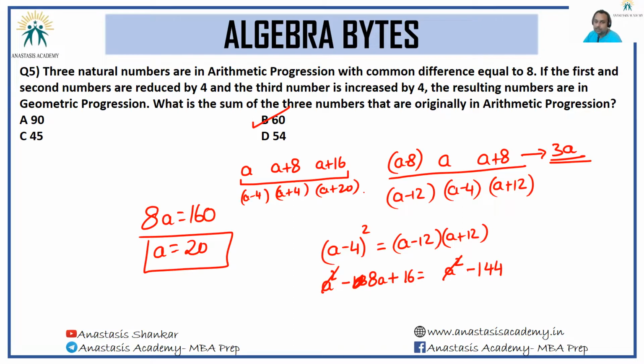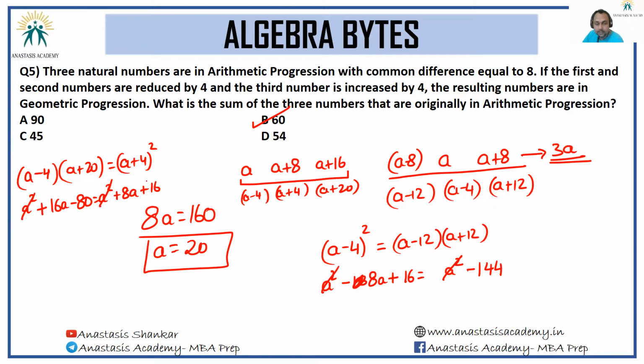So now these numbers are in GP. So now you would do a minus 4 into a plus 20 is equal to a plus 4 whole square. So this gives me a square minus 4a plus 20a, so plus 16a minus 80 is equal to a square plus 8a plus 16.